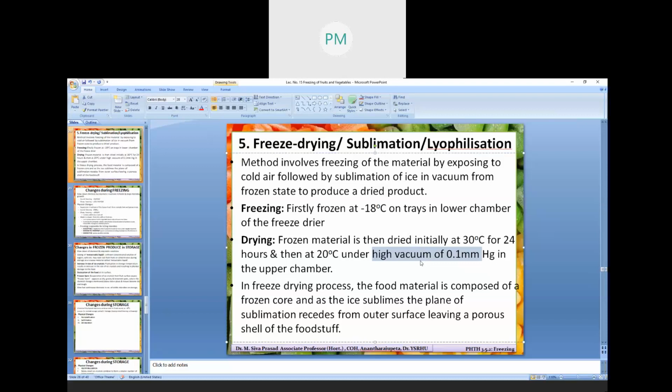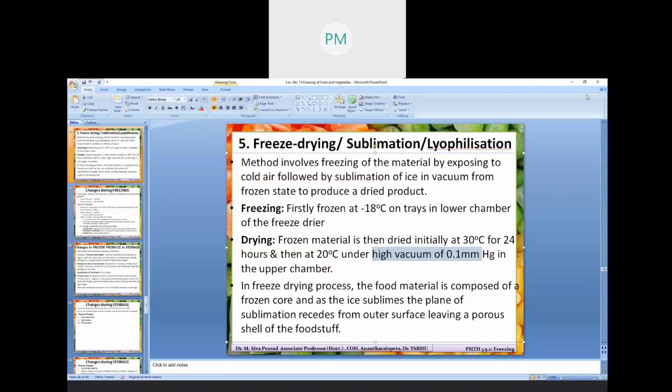Due to the process of sublimation, the ice, instead of getting into the liquid phase, will directly go into the vapor phase.